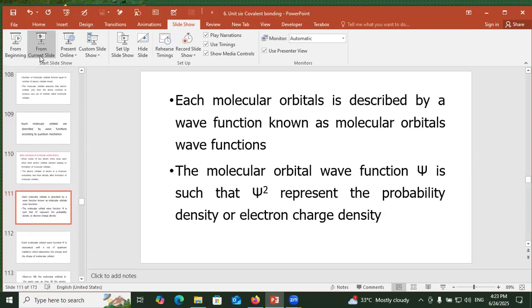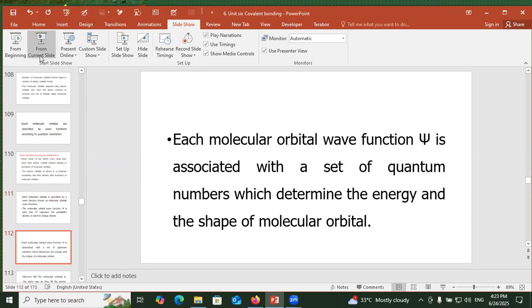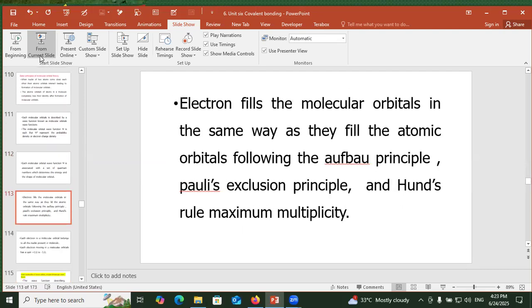Each molecular orbital is described by a wave function known as the molecular orbital wave function. The molecular orbital wave function psi is such that psi square represents the probability density of electron charge density. Each molecular orbital wave function psi is associated with a set of quantum numbers which determine the energy and the shape of the molecular orbital.